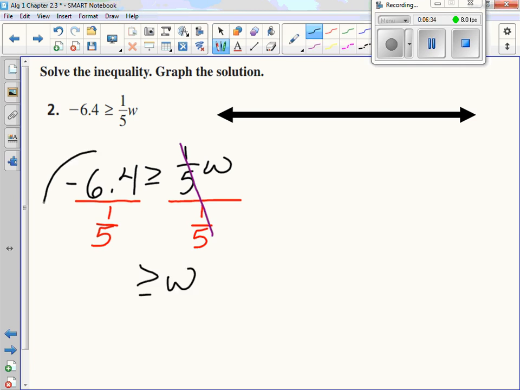And this side here, I can type that into a calculator. You can type negative 6.4 divided by 1/5 into the calculator and try that. See what you get. Did y'all agree?